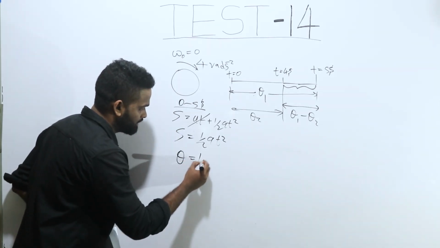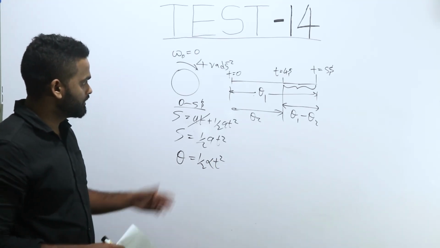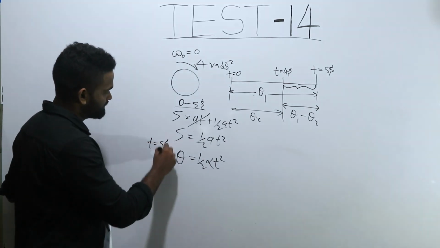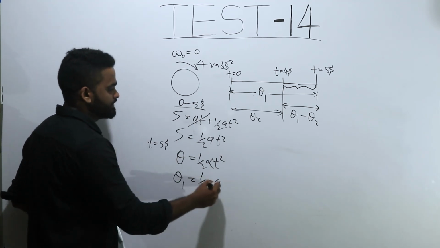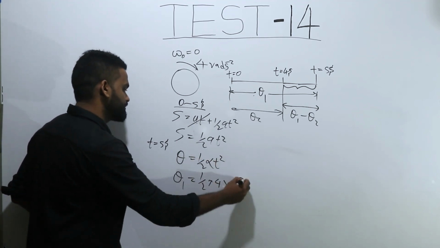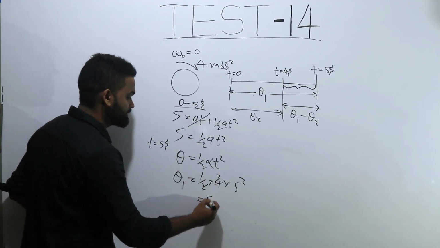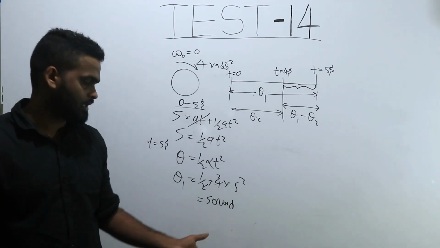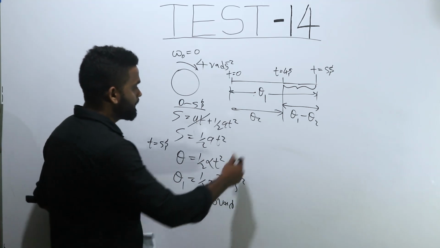So this is θ equals half alpha t square. I'll apply first for 5 seconds, to calculate θ1. Alpha is 4, t is 5 squared. So 2 times 25, that is 50 radians. So this is 50 radians, that is θ1.